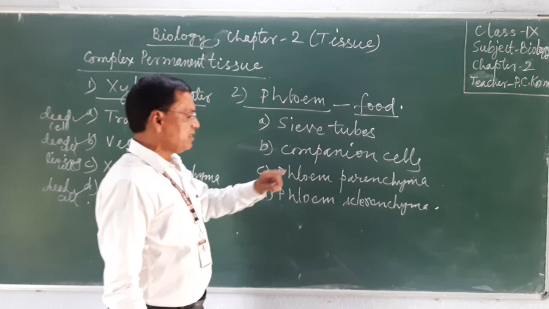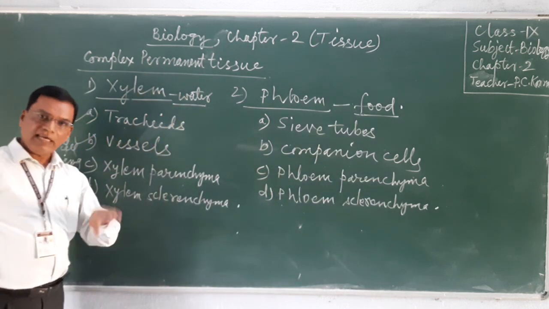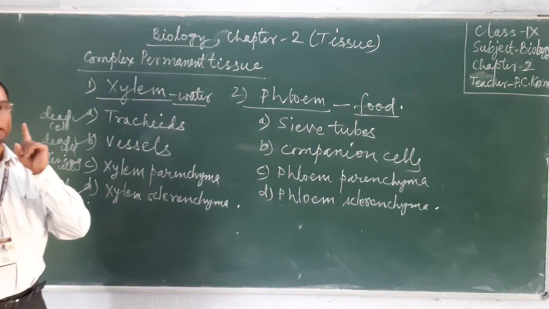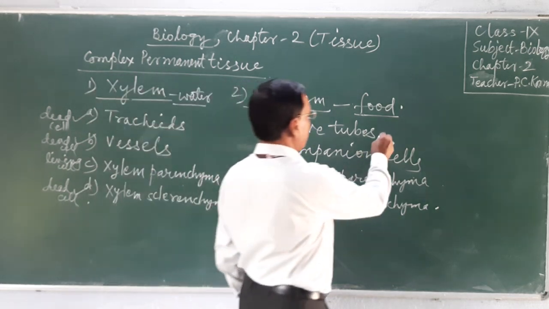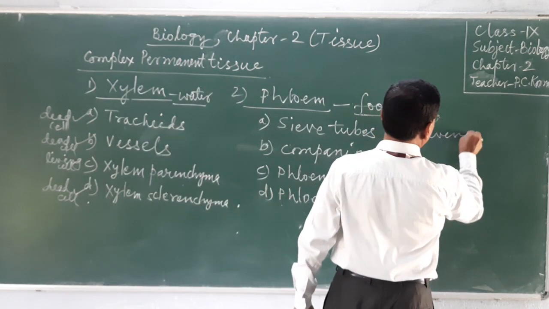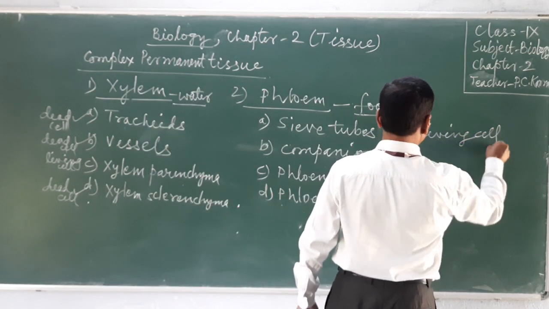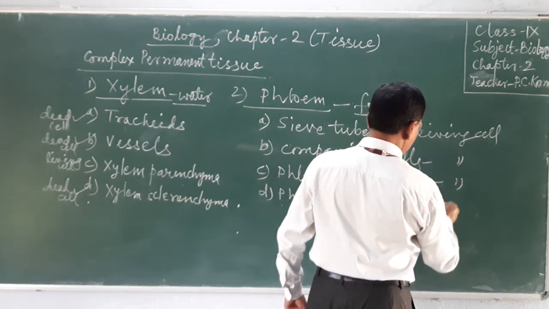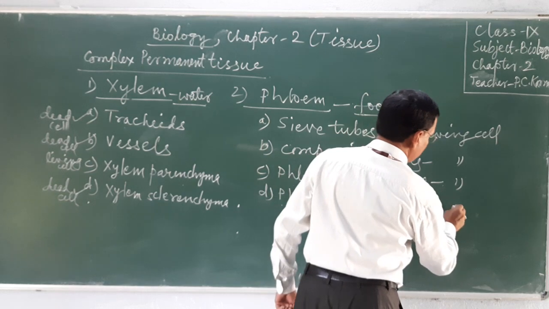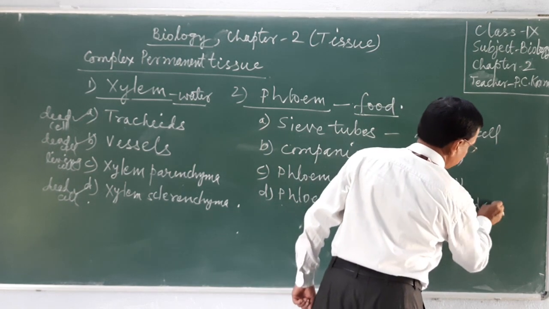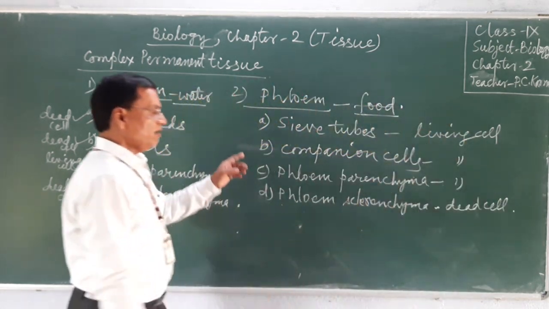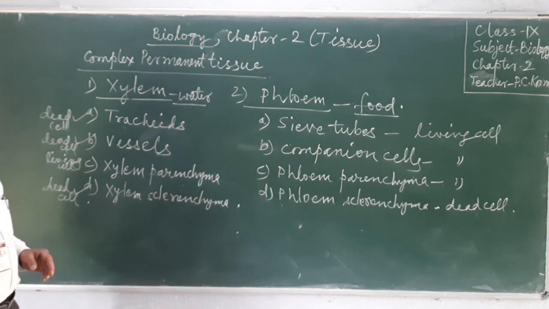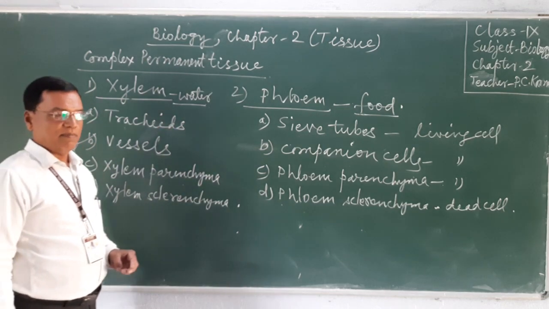Out of the 4 cells in phloem, 3 are living, only 1 is dead. So these two are the differences between xylem and phloem.